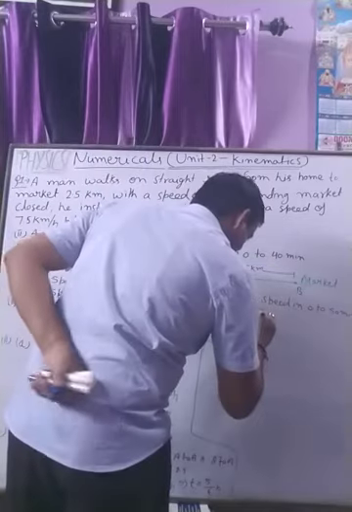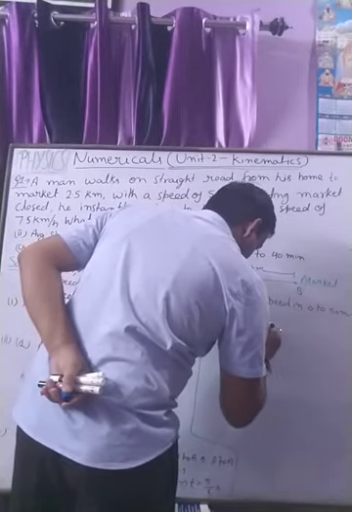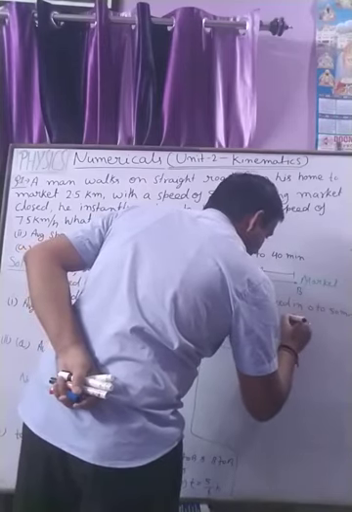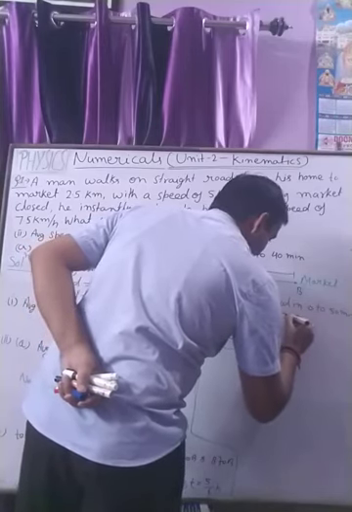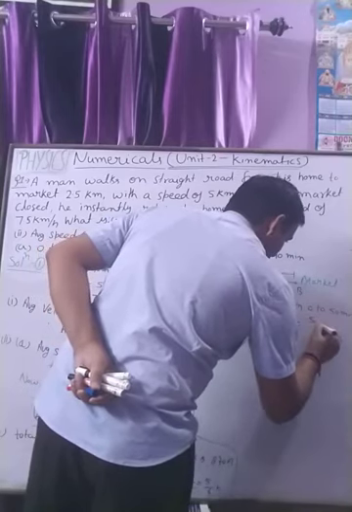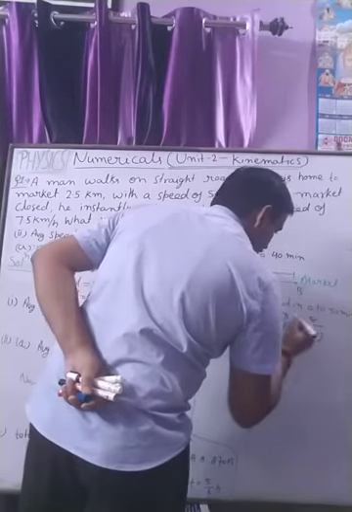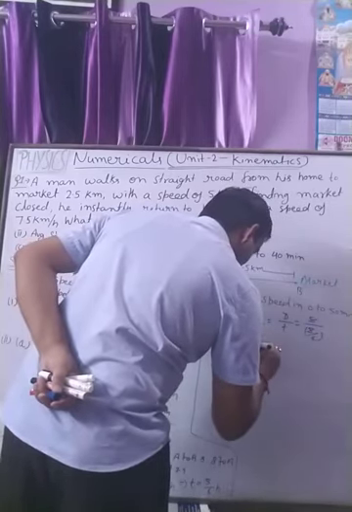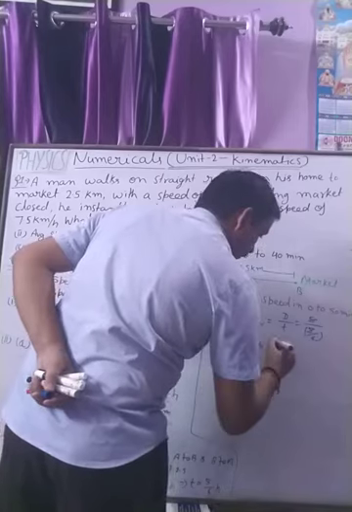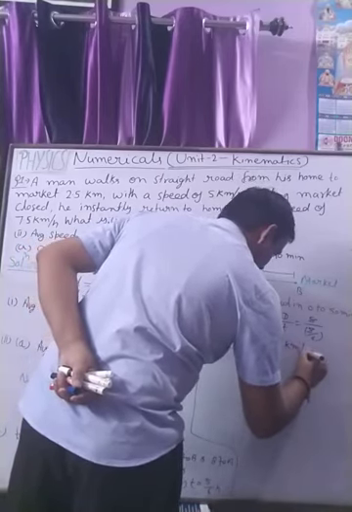V average is distance upon time, 5 upon 5/6. This will solve to average speed is 6 kilometer per hour.